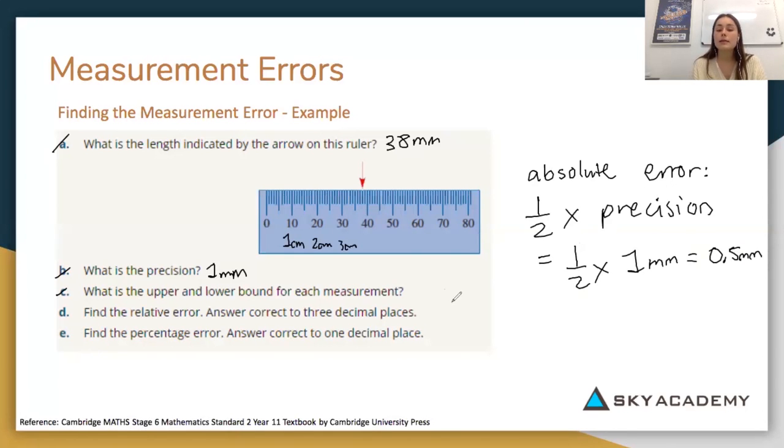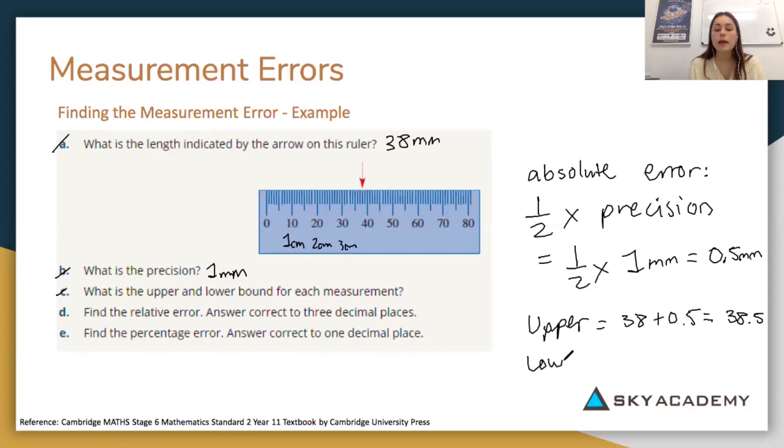So our upper bound is going to be our measurement or our length plus the absolute error. So our upper bound, might do it down here so we have more room. Upper bound is going to be 38 plus 0.5, which leaves us with 38.5.